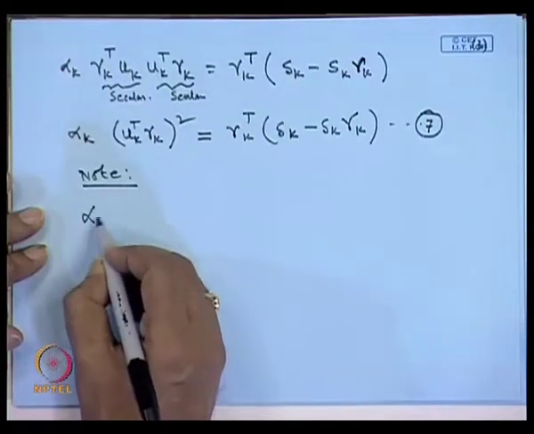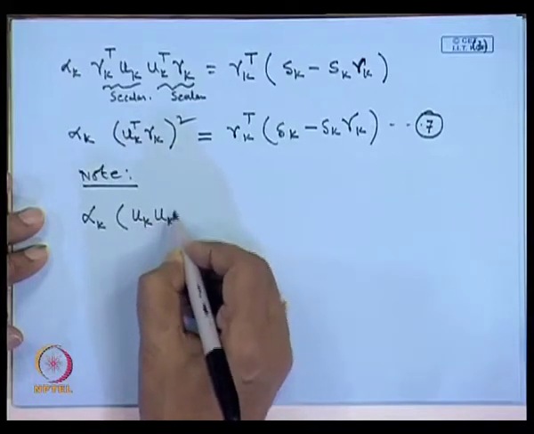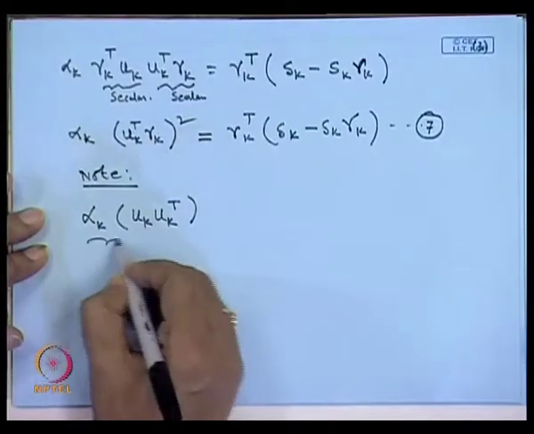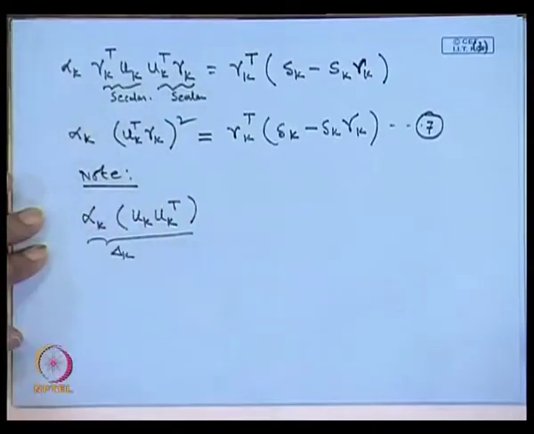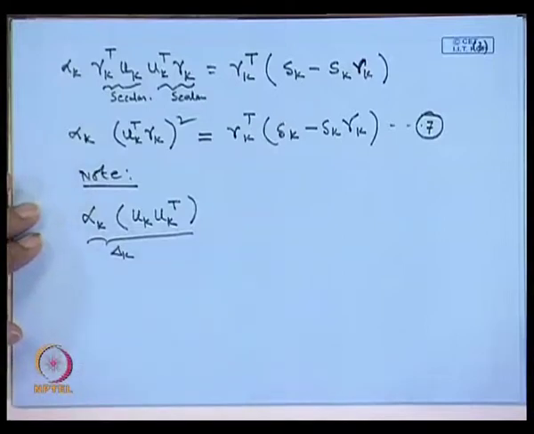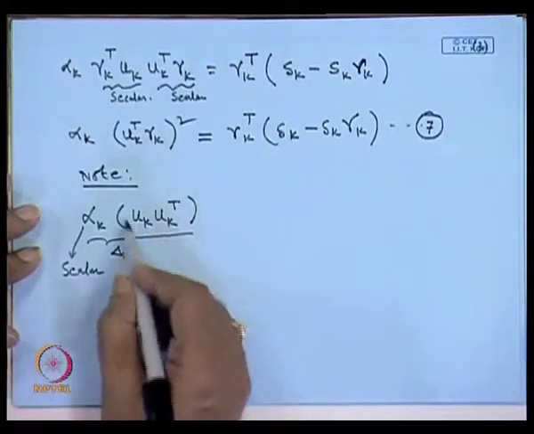Alpha k u k transpose, and the whole thing is nothing but the delta k we have considered, and alpha k is a scalar quantity, agree? If you recollect our definition, alpha k is a scalar when you defined delta k, and this is a matrix.